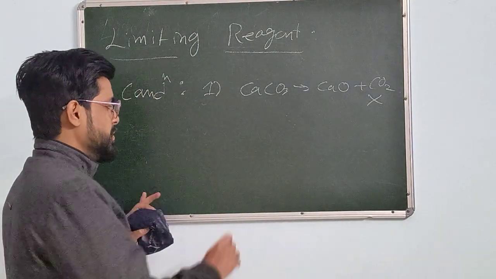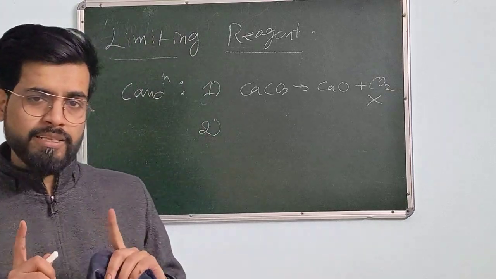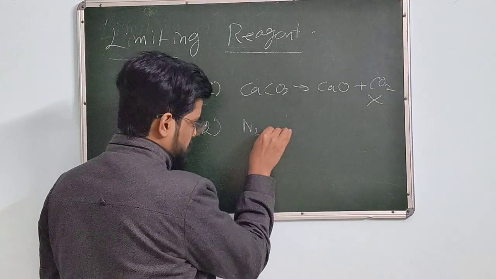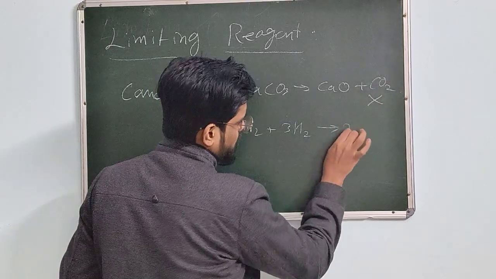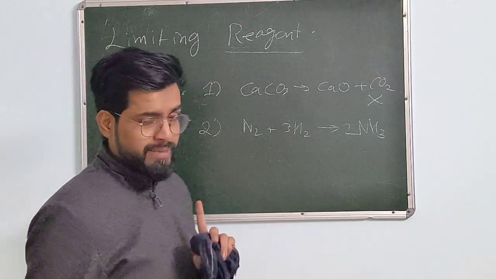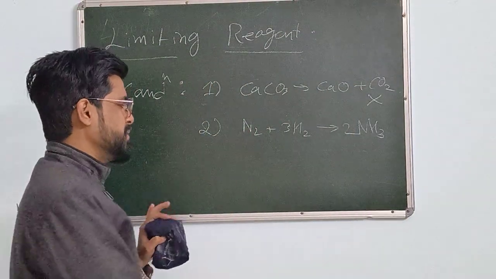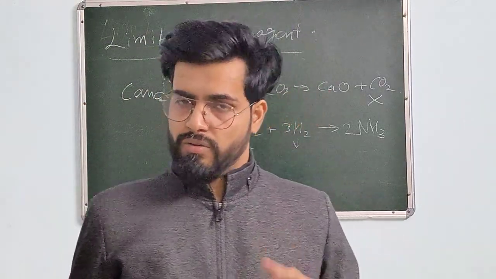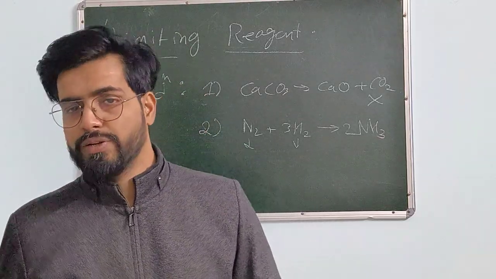The first condition is this, and the second condition is that at least two reactants are given. For example, N2 + 3H2 gives 2NH3. So the second condition is at least two reactants and their amounts, like weight, are given for both reactants. The weight, volume, or mole is given to you.